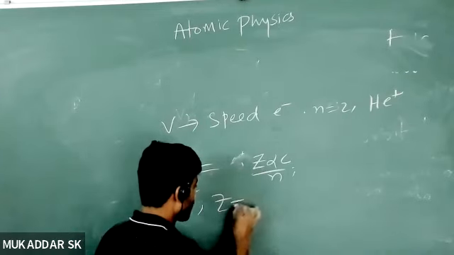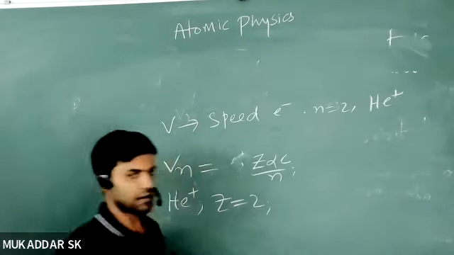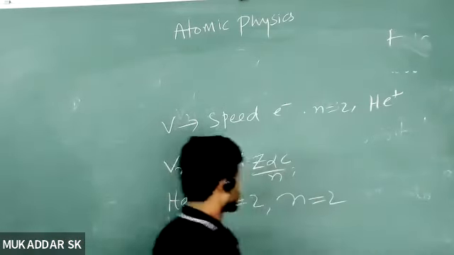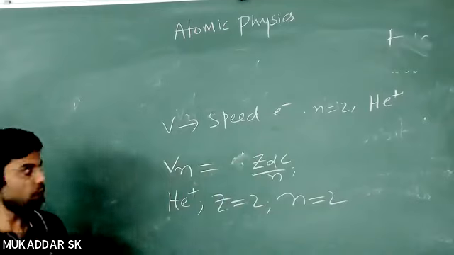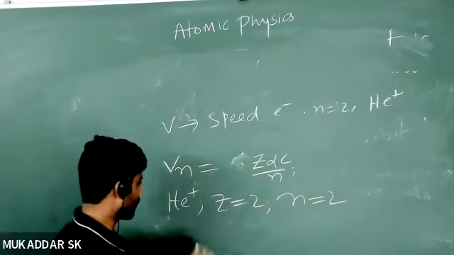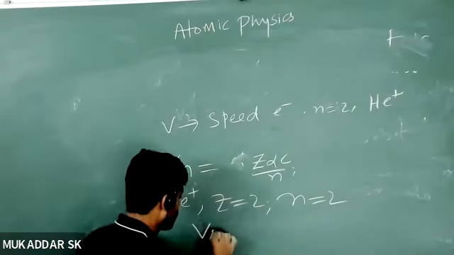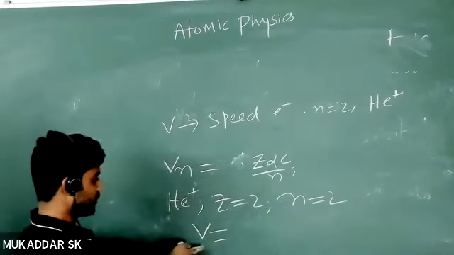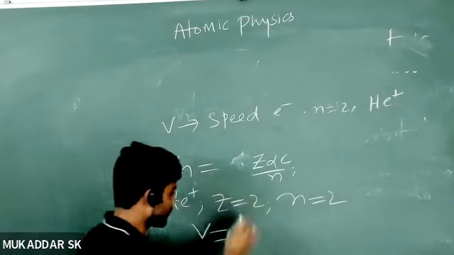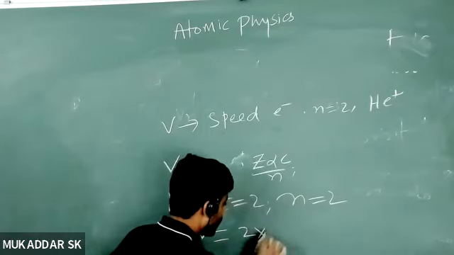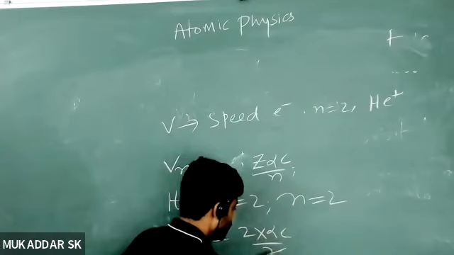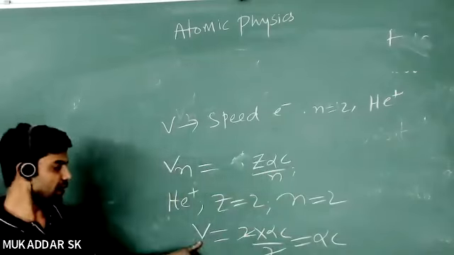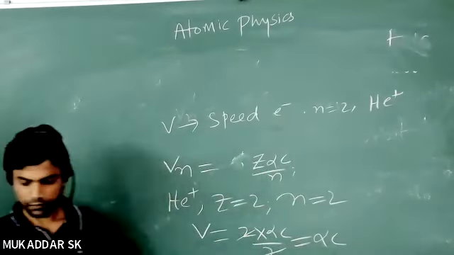Z is 2. Since they have asked for the second Bohr orbit, n is how much? 2. And they have given that the speed is V. So for helium plus at n equals 2, that speed is V, and that is nothing but Z is 2, alpha c by 2. So V is nothing but alpha c.